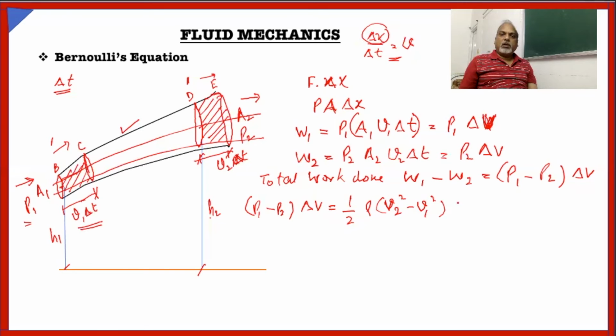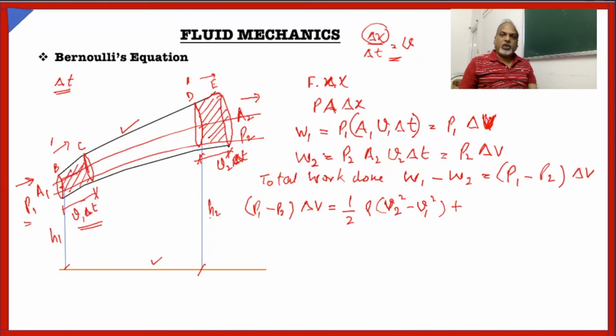And of course, there is an elevation also. This tube is rising with respect to ground. Here the height is h1. Here the height is h2. So there will be change in potential energy also. What is that?